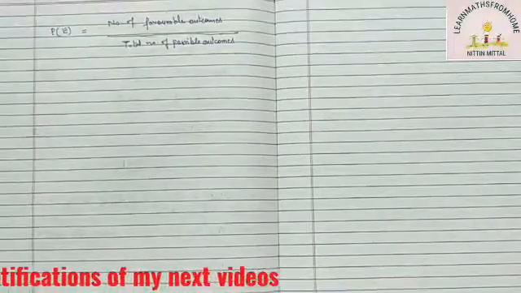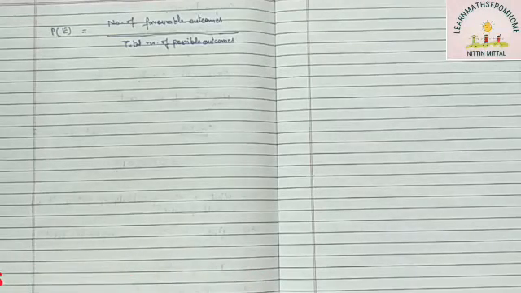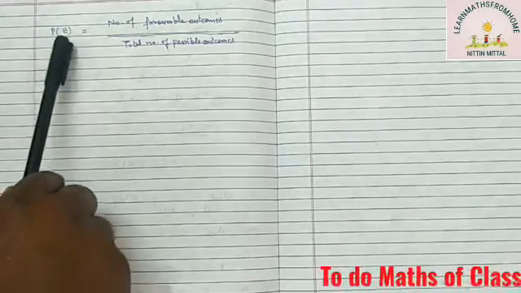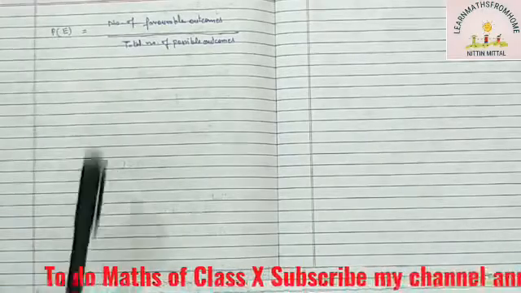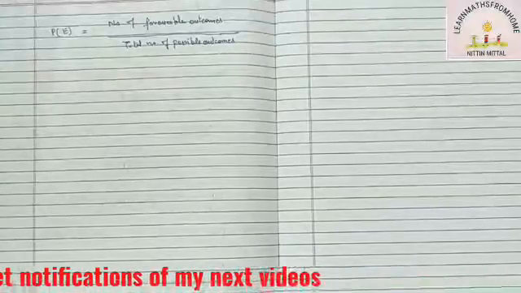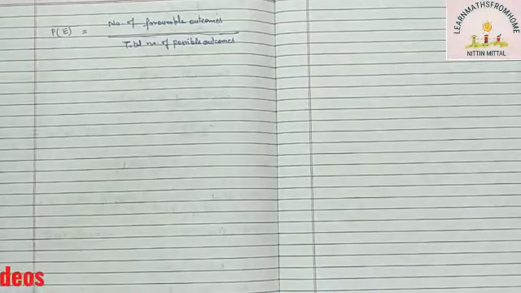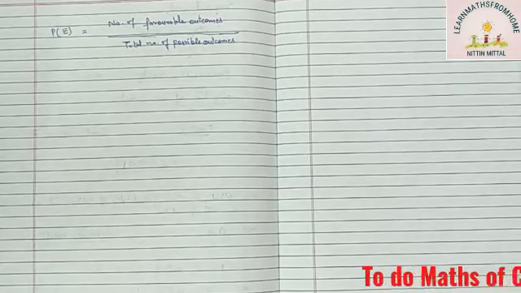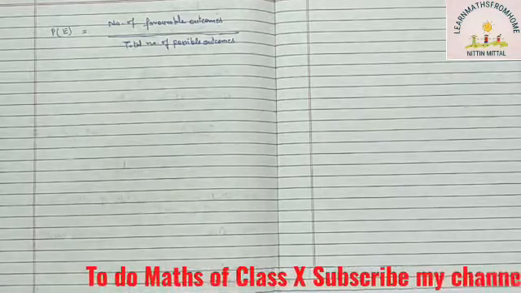So this is the formula that we are going to use in this chapter on probability. So probability of an event, E stands for event, is equal to number of favorable outcomes over total number of possible outcomes, right? So this was a little introduction to probability.